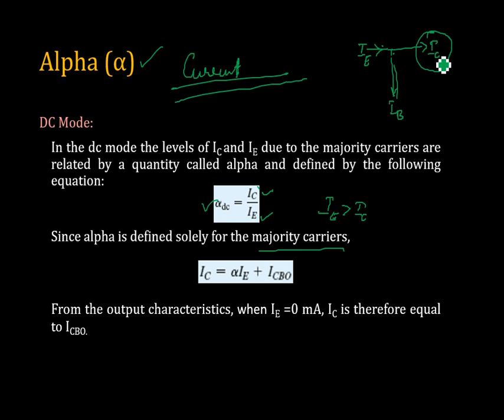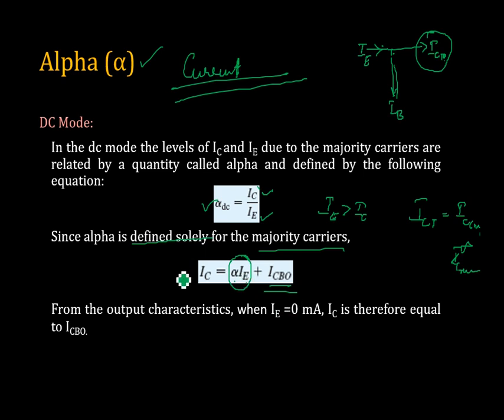But this total IC has two components, due to majority carriers and that due to minority carriers. So that is what is shown here. This is the component of IC due to majority carrier, alpha IE. So alpha is defined for majority carriers and ICBO is the component due to minority carriers.